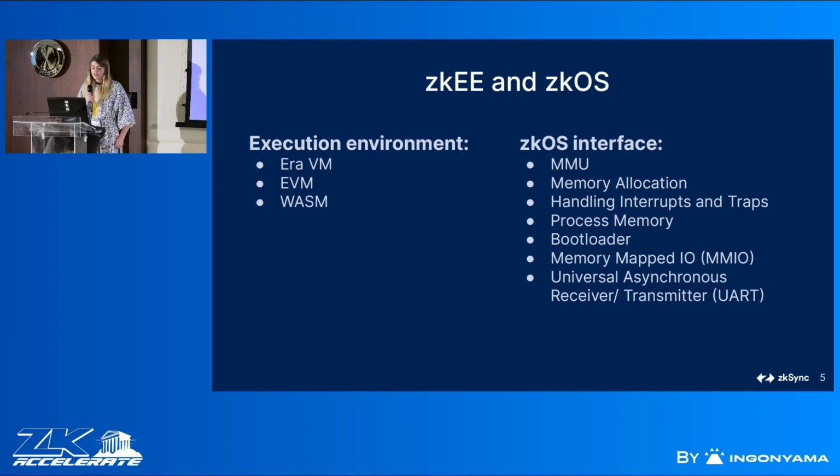Another example of interaction between zkOS and zkEE is receiving pre-processed bytecode and call data, and receiving some interface of the zkOS program which, like I said earlier, allows interacting with storage.